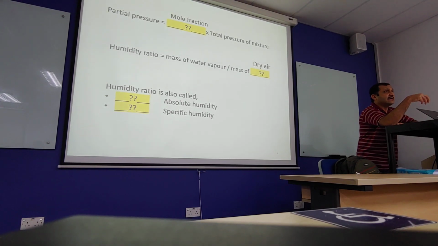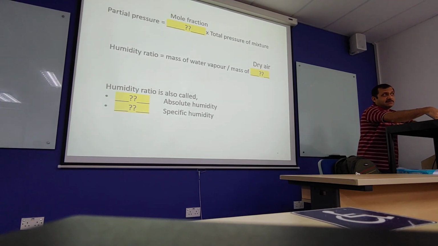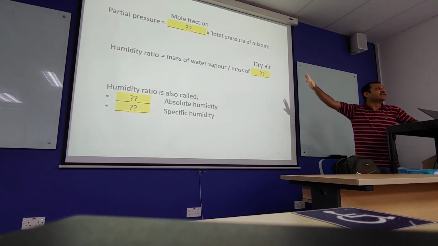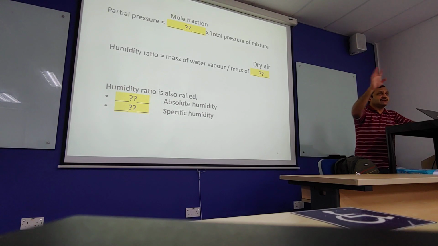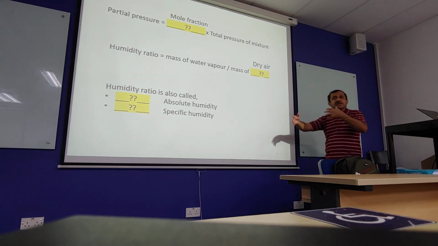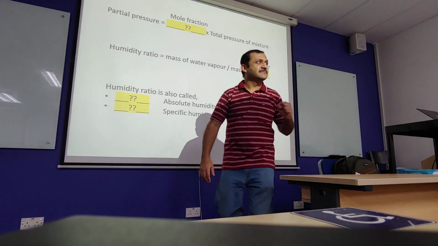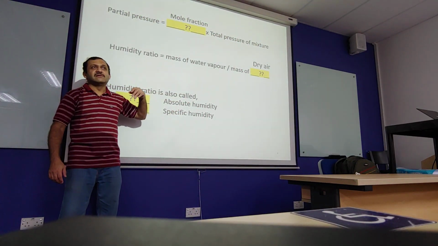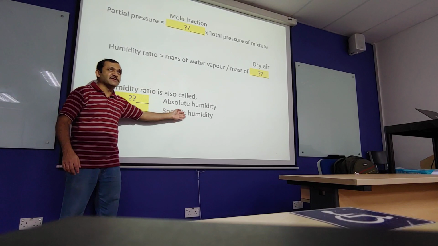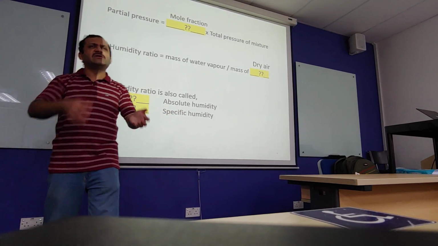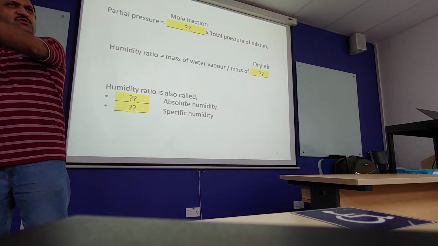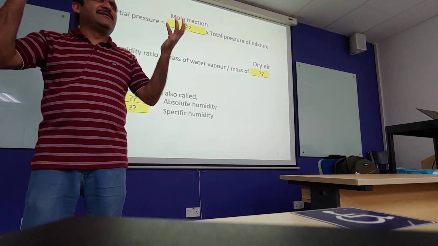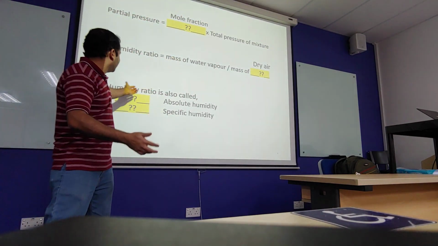Because in the industry, you're dealing with, let's say, an engineer from Netherlands, and they only know specific humidity. They've only been taught this term, and they're trying to communicate with you. Oh, the specific humidity of this is so much, and hence this is happening, and you try to figure out what? I've never heard this term. I've only heard of humidity ratio.